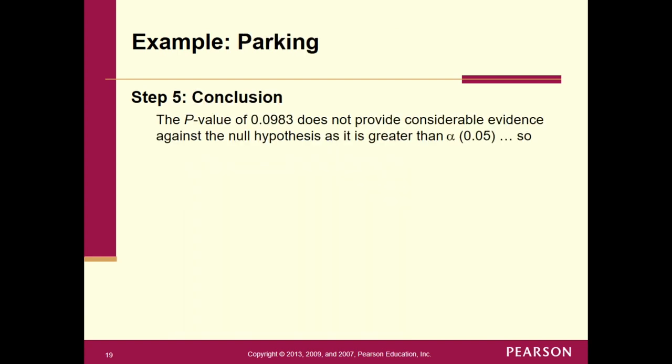All right, moving on. What do we always compare the p-value to? Alpha. So the p-value of 0.0983 does not provide considerable evidence against the null hypothesis, as it is greater than 0.05. Therefore, do not reject the null. Remember, don't accept the null. That would be incorrect.